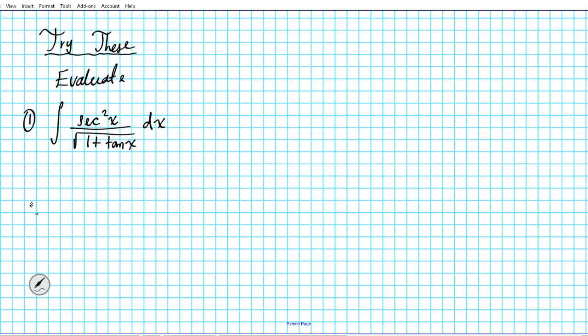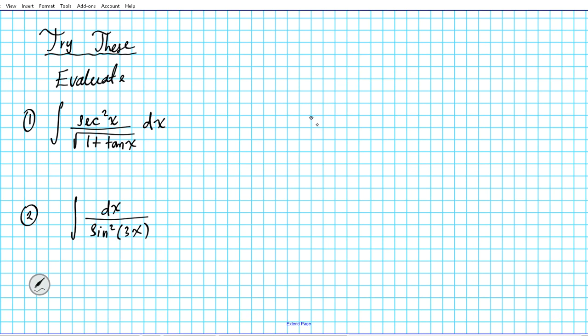Number 2, what if you were to evaluate the integral of dx over sine squared 3x dx?